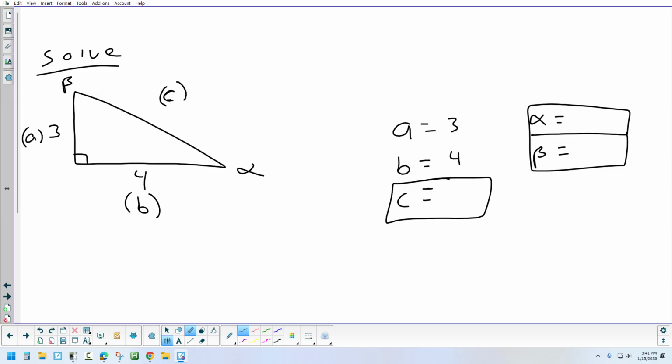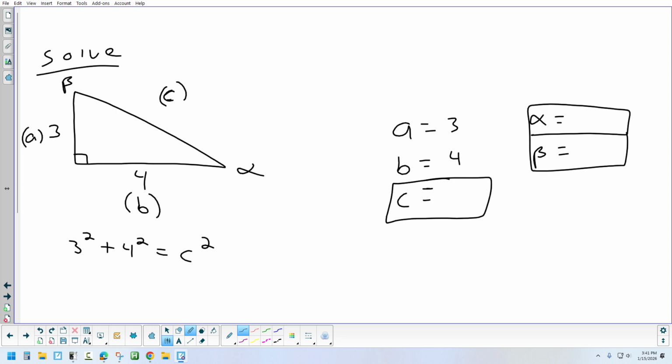If we know 2 out of 3 sides, how can I get the third side in the triangle? Yeah. You can use Pythagorean theorem. And can you tell me what the equation would be to find C with the information that I have? 3 squared plus 4 squared equals c squared. Good. And when we solve here, we're going to get 9 plus 16, which is 25.